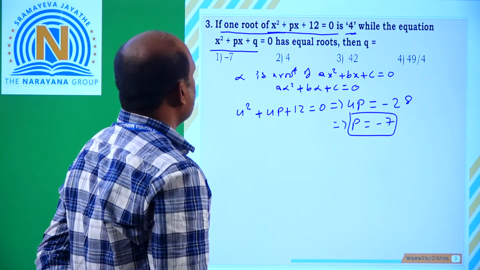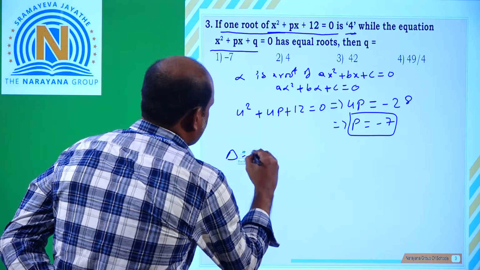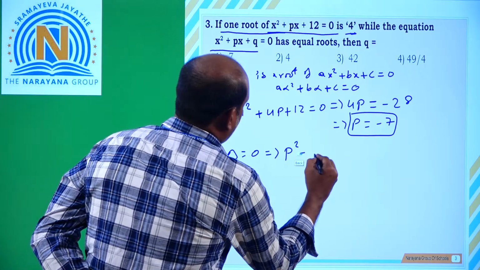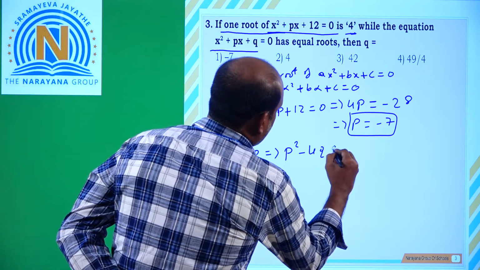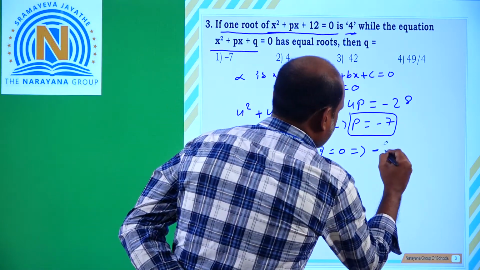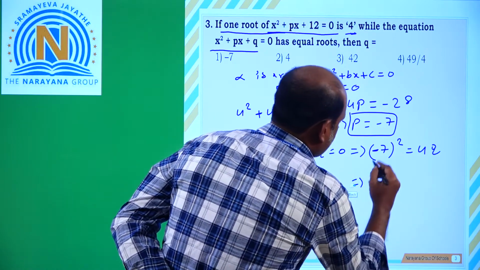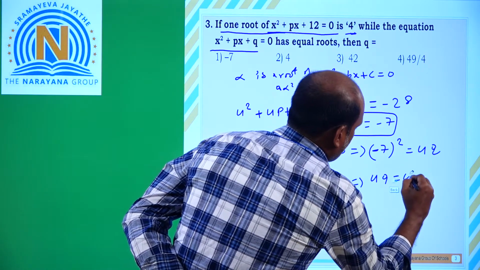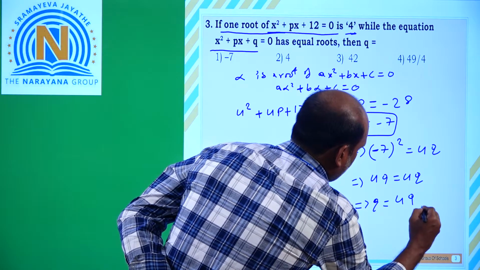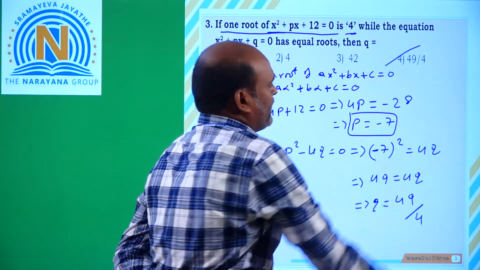The second equation has equal roots means discriminant is equal to 0, that implies b square, that is p square, minus 4q is equal to 0, that implies p is minus 7, that is minus 7 whole square is equal to 4q, implies 49 is equal to 4q, implies q is equal to 49 by 4. Option 4 is the correct answer.